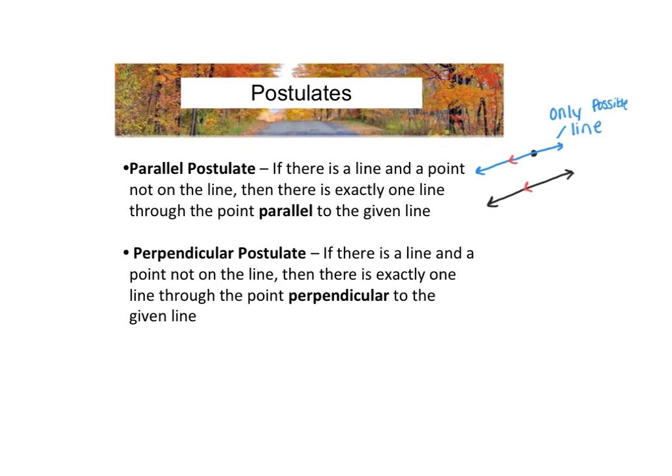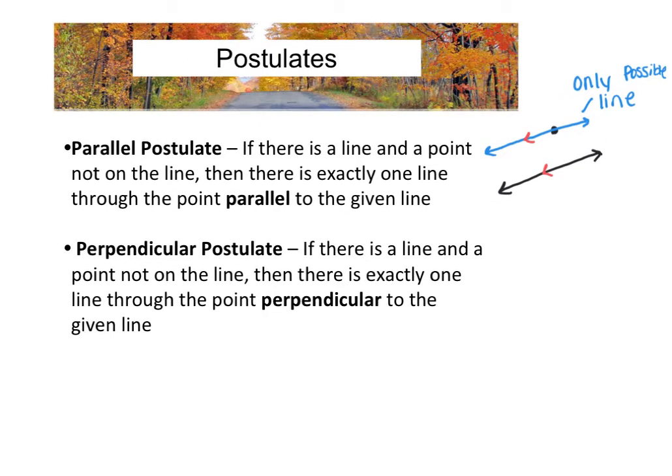Perpendicular postulate: if there is a line and a point not on the line, then there is exactly one line through the point perpendicular to the given line. So let's start with a line, and we're going to start with a point outside of this line. Now, what the perpendicular postulate says is there is only one line that exists that will make the angle between the two lines 90 degrees.